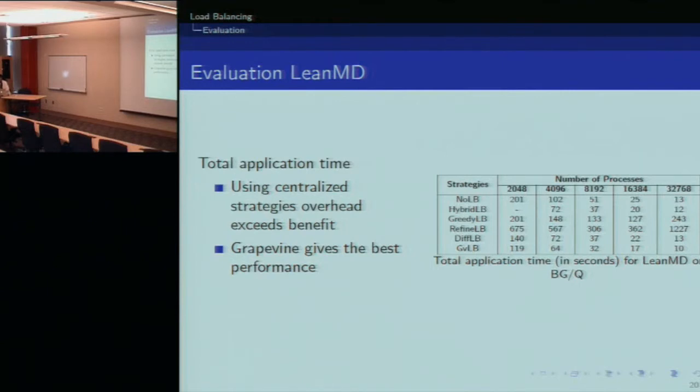Whereas the hybrid strategy gives us a performance benefit, and also the diffusion-based strategy to a certain extent. But Grapevine gives the best performance in terms of total application time. This is achieved due to the quality as well as less overhead in comparison to the other strategies.